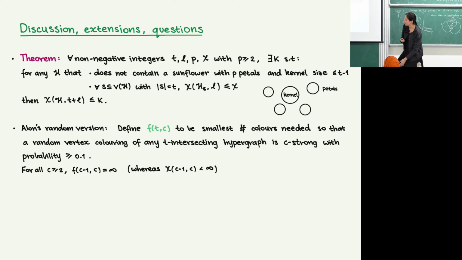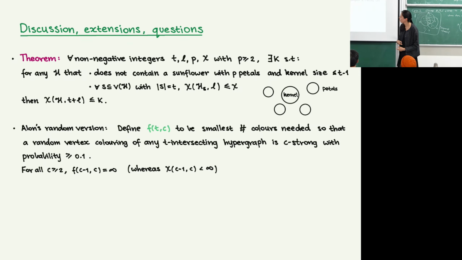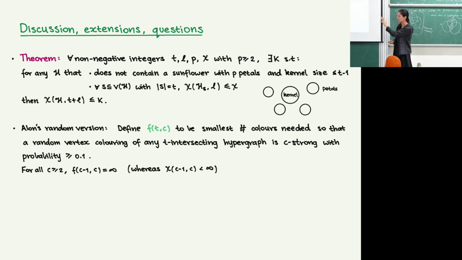The second thing is that there's a random version of the problem, which is quite interesting to compare the result to. Alon defined this in 2013. He said, let chi_T(C) be the smallest number of colors needed so that a random vertex coloring of any T-intersecting hypergraph is C-strong with probability, I said 0.1, but any positive probability.